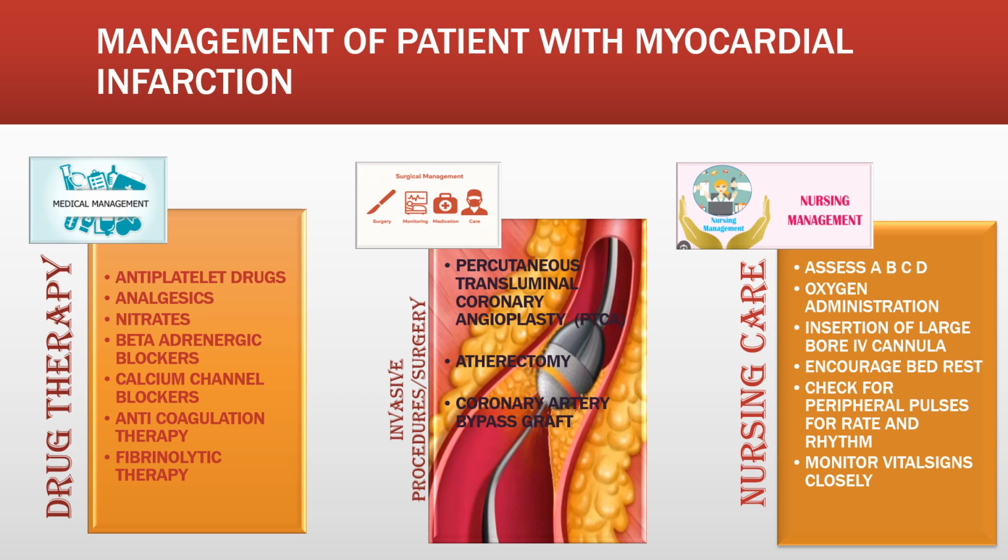But we do keep it as a part of the management. Insertion of a large bore IV cannula, preferably in the antecubital, but do not waste time with multiple pricks. If you cannot locate it, go down to your next preferable site. Encourage bed rest, check peripheral pulses, the rhythm and the rate, and monitor vital signs.